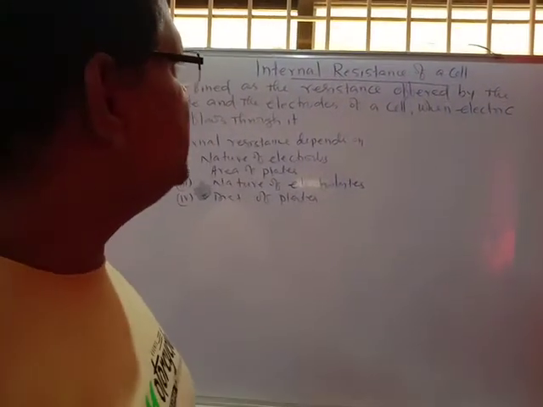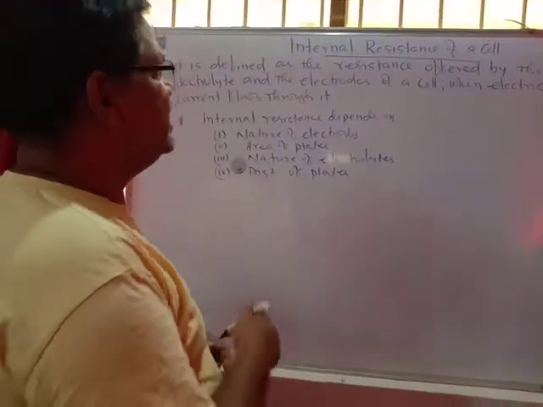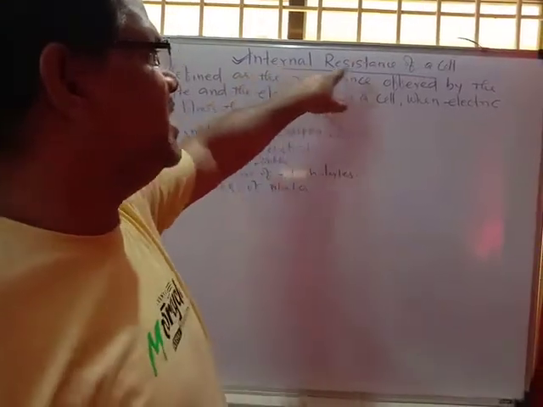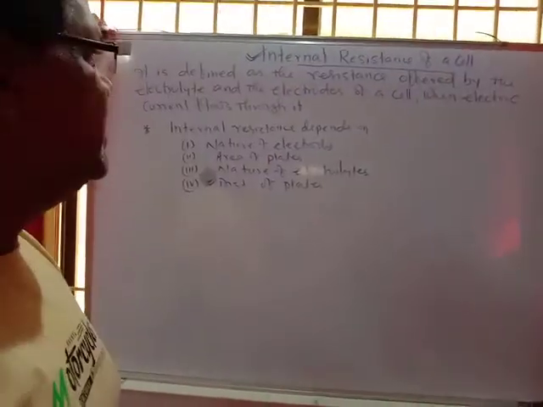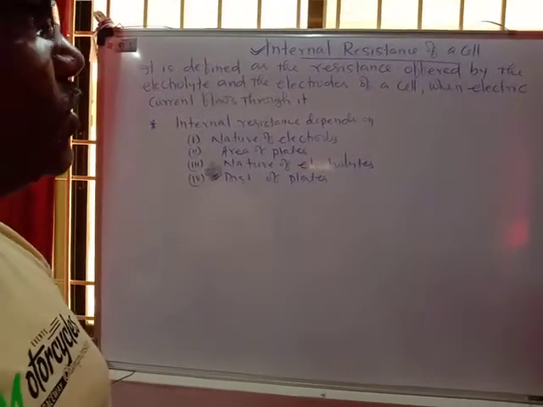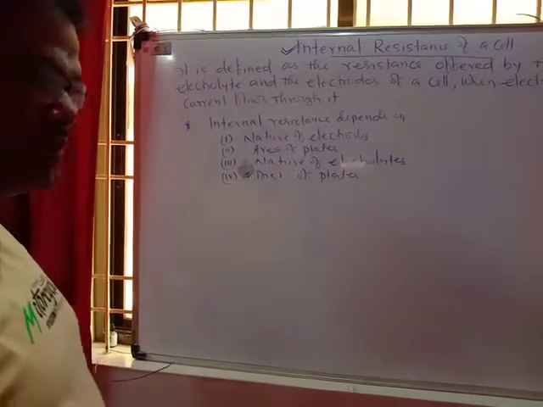Now we have to discuss the internal resistance of a cell. What is the internal resistance of a cell? Actually, it is defined as the resistance offered by the electrolyte and the electrodes of a cell when electric current flows through it.